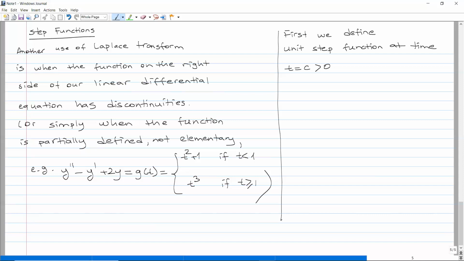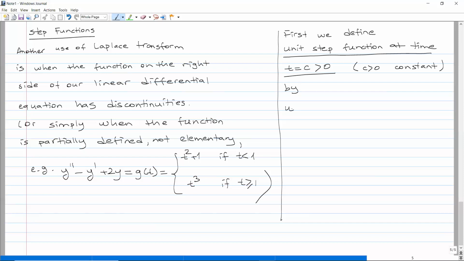So everything takes place on positive real numbers. So we take a positive number c. So unit step function at time t equals c. C positive, a constant, like 1, or square root of 2, or root 2 over 2, something like that, a constant number. First we define this unit step function.